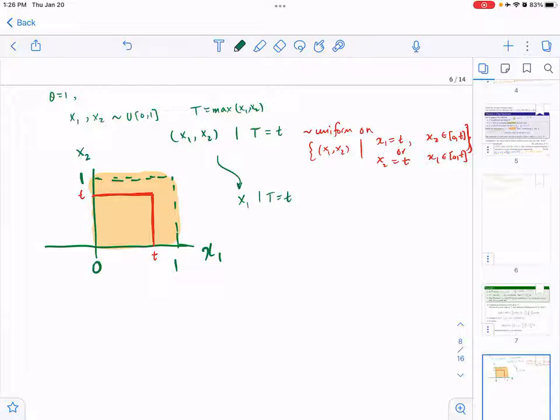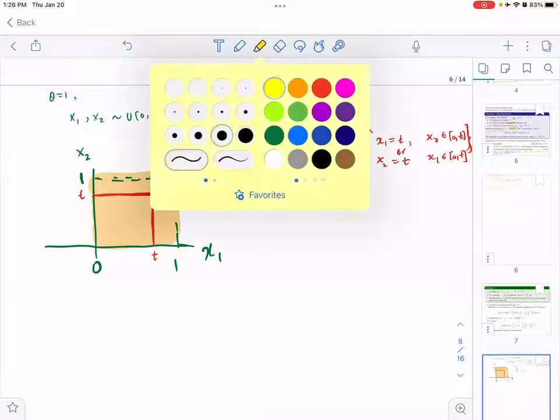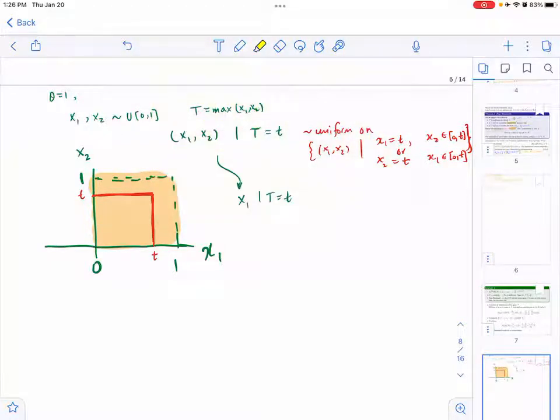Either x1 is equal to t, or x1 is uniform 0 to t, yes. But this is not the whole story. So what is the chance, for example, that x1 is equal to t? One half since they're IID.